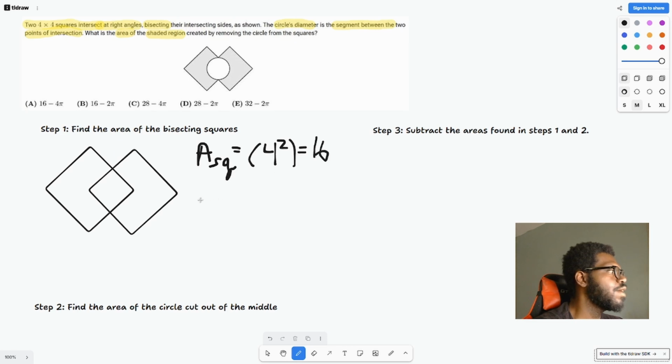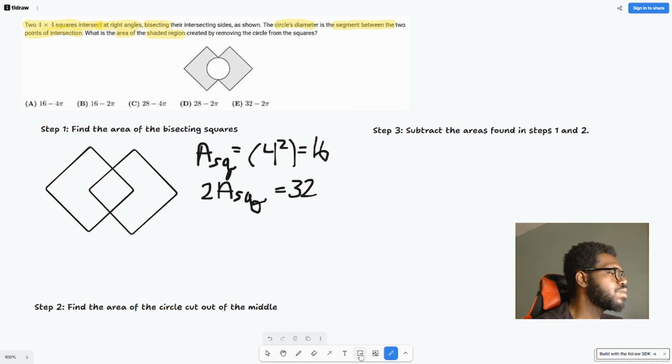That means that the area of two of the squares is 32. I'll say 2 times the area of the square is 32, because 16 times 2 is 32. Now we just need to find the area of this small square here that's in the middle.